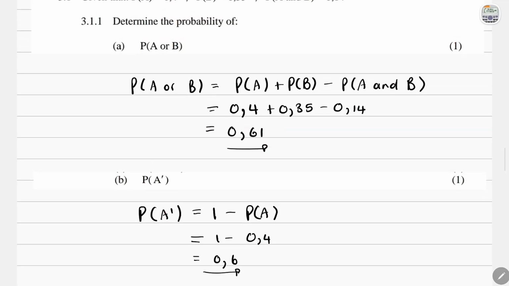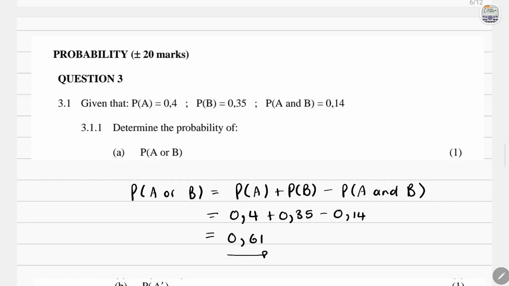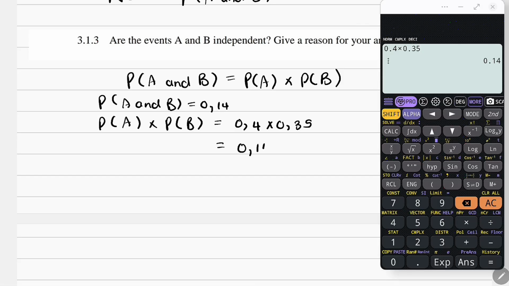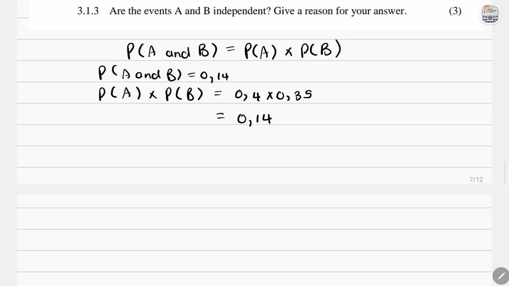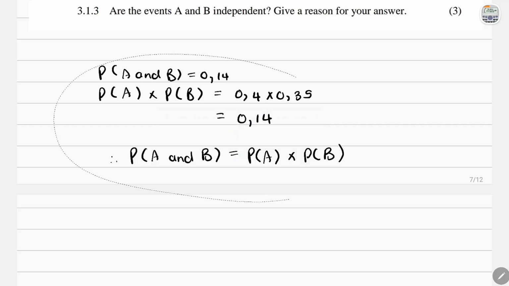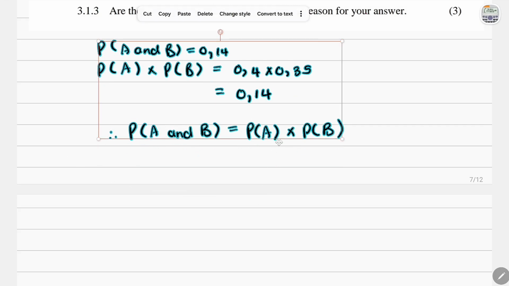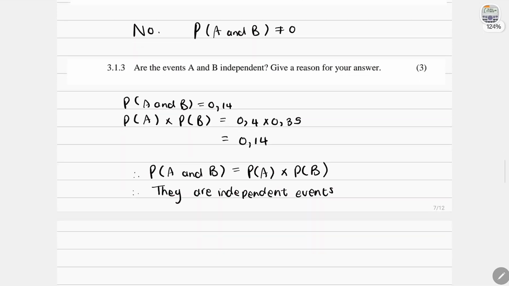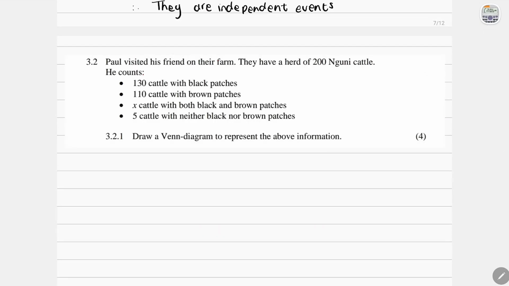So 0.4 times 0.35 gives us 0.14. So there we go. We have proven that they are equal, therefore they are independent. I'll take that as a conclusion, and that is our answer. Moving on to the next question.